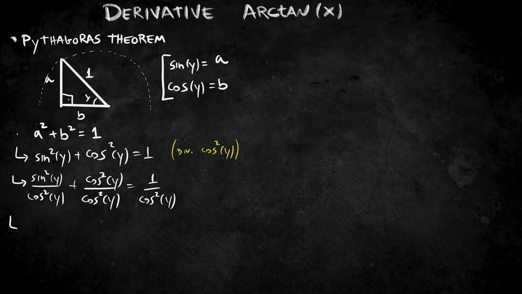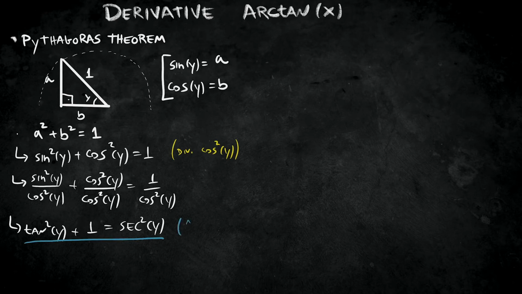Okay, sine squared of y over cosine squared of y is tangent squared of y. Cosine squared over cosine squared is 1. 1 over cosine squared of y is secant squared of y. Let's call this blue star, and we're gonna use it very soon.